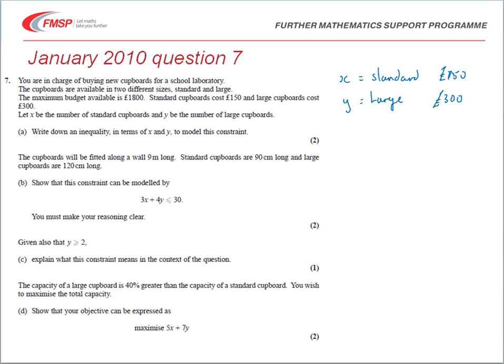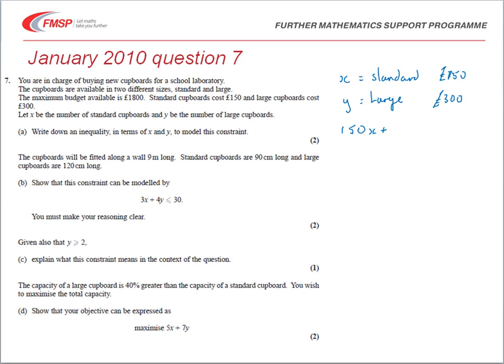Well, working through those one at a time then, the first one is talking about the actual cost of these cupboards. So it says write down an inequality in terms of X and Y to model the cost. Well, if there are X standard, they cost £150 each, so that's 150X.